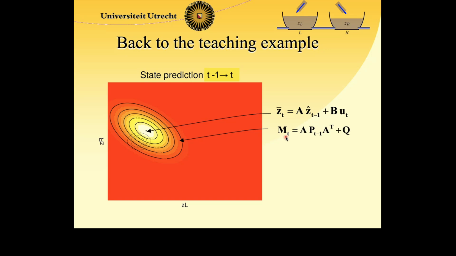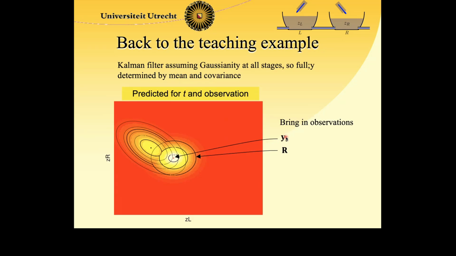Then we also get an observation at that time. This observation is different: we observe both R and L, maybe by measuring the water height, and we get an estimate of the volume with an estimation error, again assumed to be multivariate Gaussian.